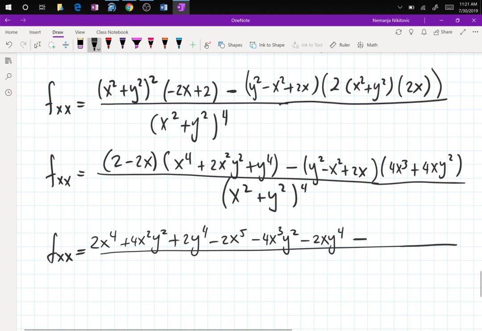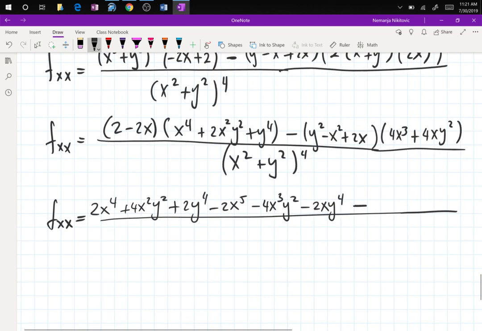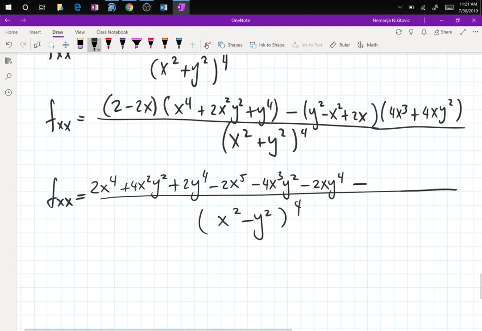Minus, now we have the second one. That's going to have another 6 terms. So maybe go to the next line. So this is still the same. You know what?